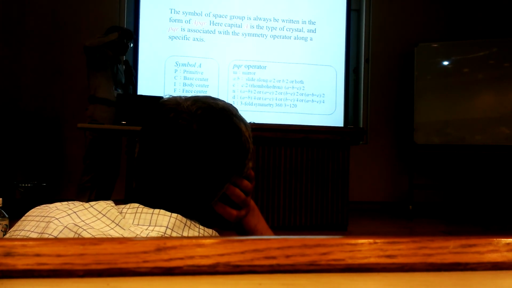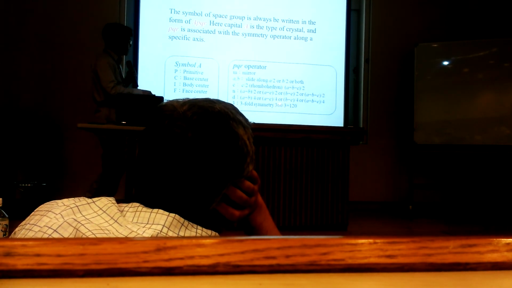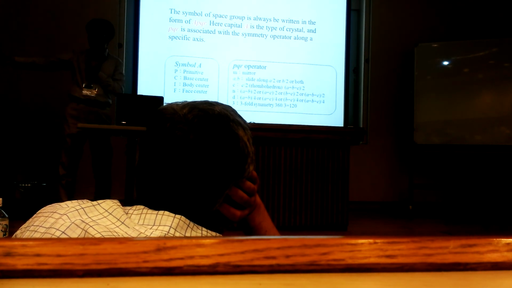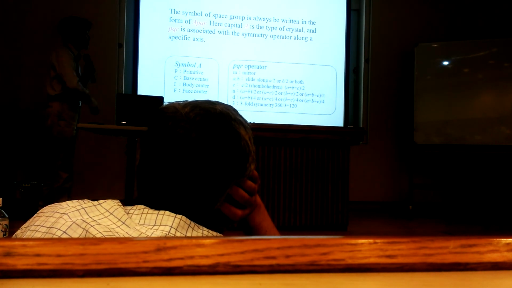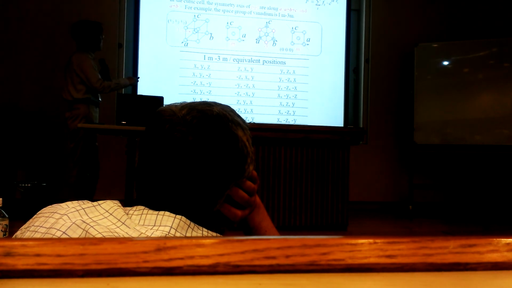If you rotate the crystal, the number 3 means you can divide 360 degrees by 3 and get the identical structure when you rotate the crystal. But there is some misunderstanding about the symbol. Most people think the PQR is correlated with the A, B, and C axes.